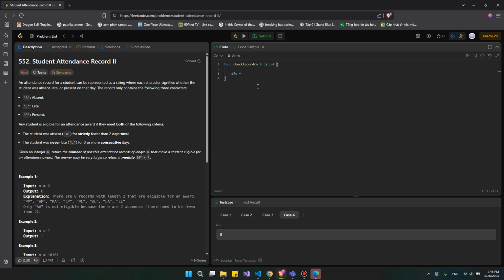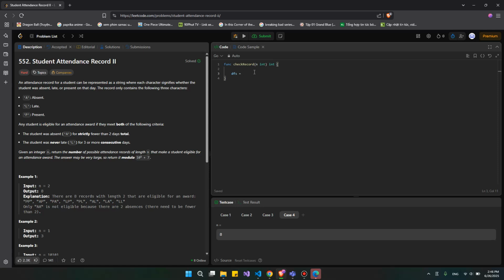It is like we have to build a record from position one to n. So to do that, I think we need to use a recursion.